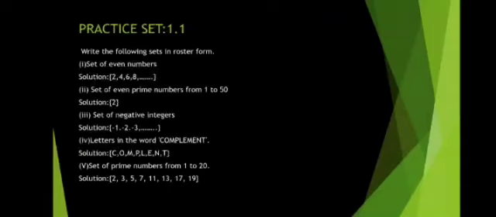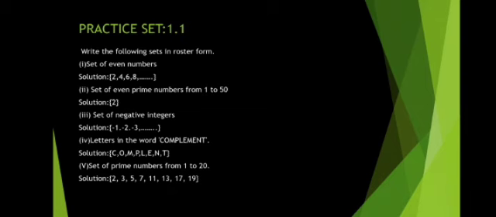Now we'll begin with practice set 1.1. First question: write the following sets in roster form, or the listing method. The first one is the set of even numbers. You are all aware of what even numbers are. They are divisible by 2, or multiples of 2.